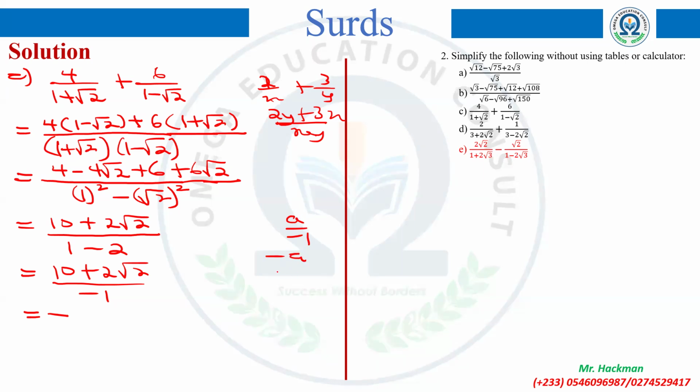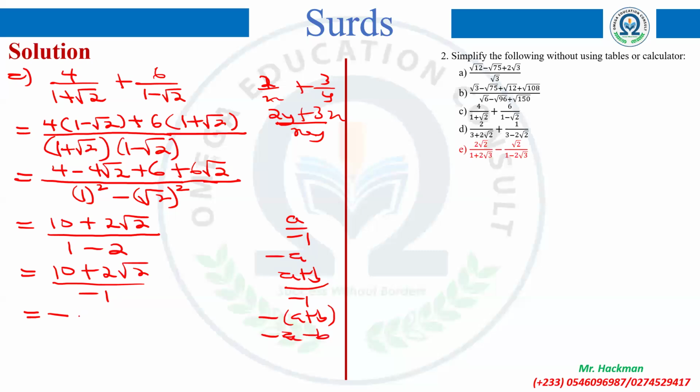But if I have a plus b over minus 1, this will give me minus in bracket a plus b. So in effect, it will give me minus a minus b. If this was minus, then it would give you minus a and plus b. Is that clear?